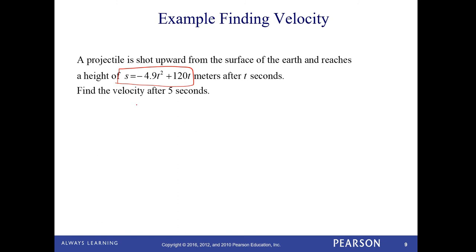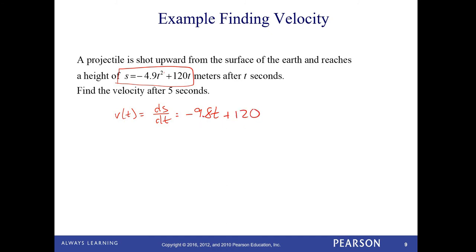So the first thing I have to do is find an equation for velocity. So v of t is the derivative of s, ds/dt, using our power rules. 2 times negative 4.9 is negative 9.8 t plus 120. That's our velocity.